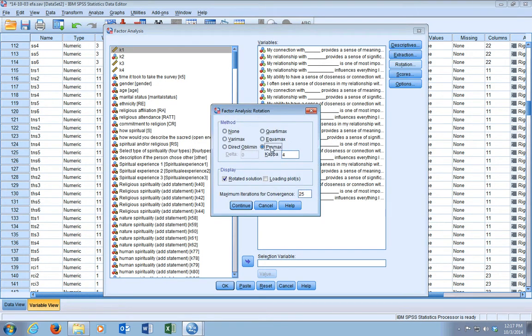In terms of rotation, we want an oblique, which allows the factors to be correlated. If it turns out the different subscales are completely uncorrelated, that'll show up even in an oblique rotation. But I generally don't like forcing them to be orthogonal.